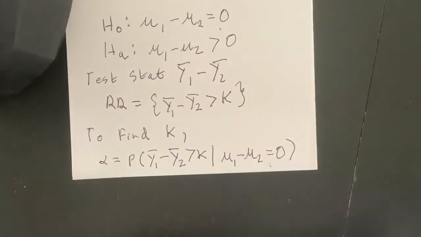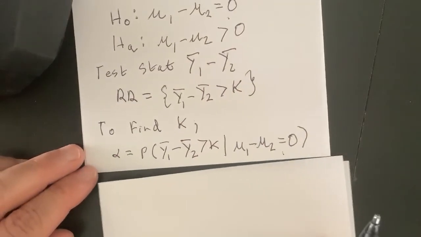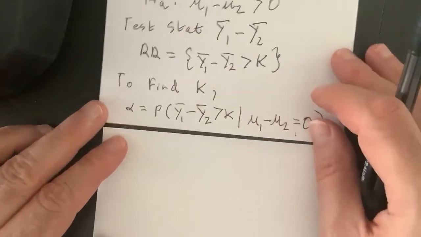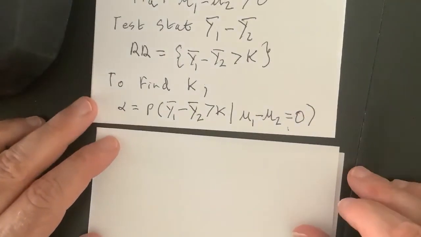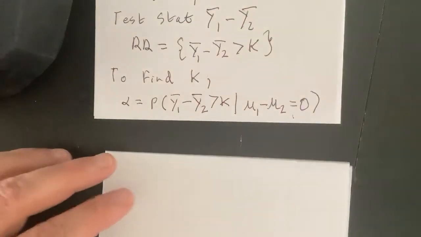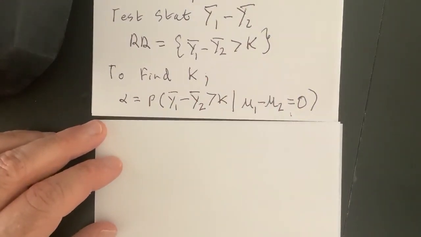Okay, so at this point you're ready to use the central limit theorem. This is why these are called large sample tests after all. So, what are we doing here?